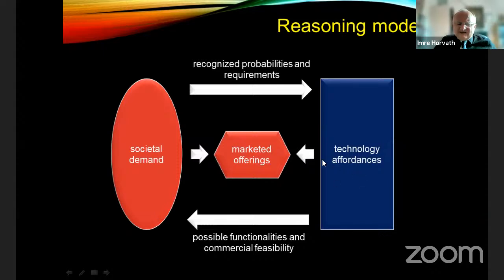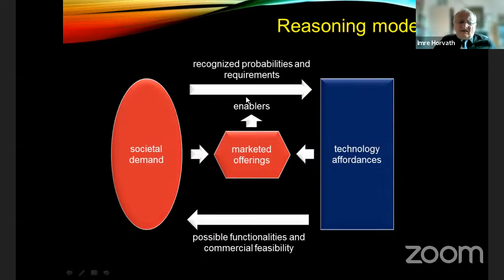And then obviously, if these receive the mentioned balanced comprehension, in that case, we can end up with certain marketable offerings. These marketable offerings can be actually a dominantly hardware system. It can be a software system. It can be a service system, and it can be something which offers experience.